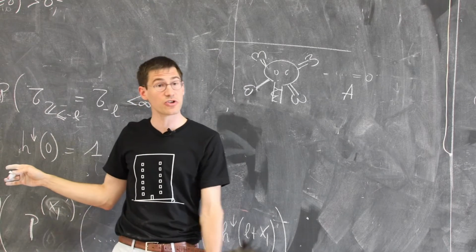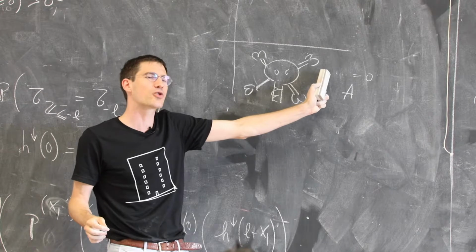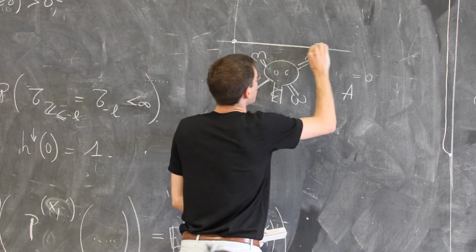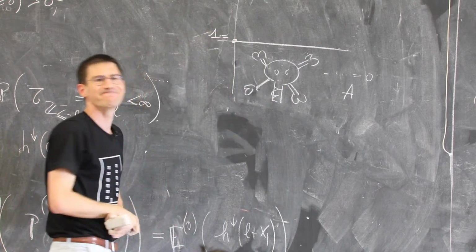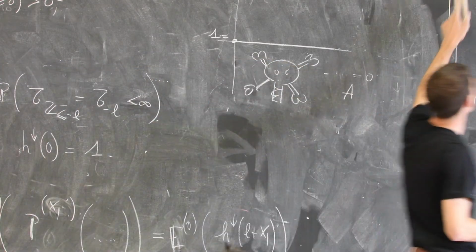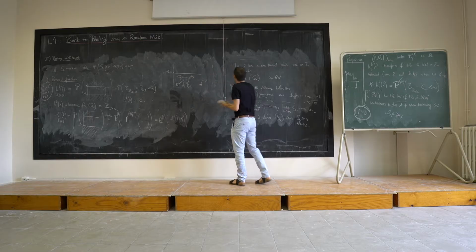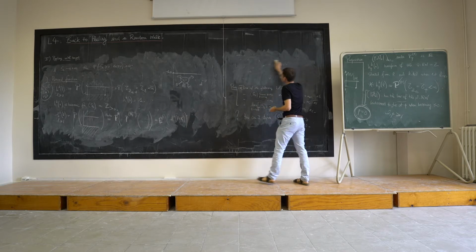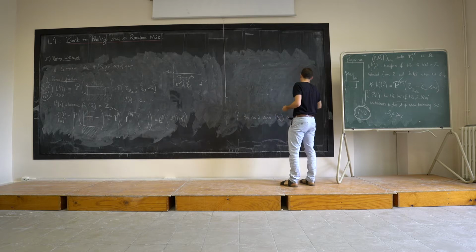This function seems to do the job, right? It is harmonic here and 0 there. Not quite, because exactly here, the function is equal to 1. So it's not quite a harmonic function which is 0 on the negative half line. Okay, so we will fix this by introducing the renewal function now.